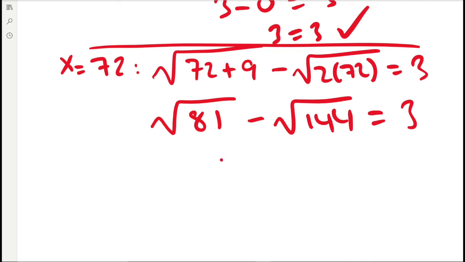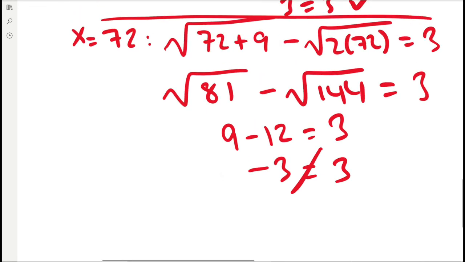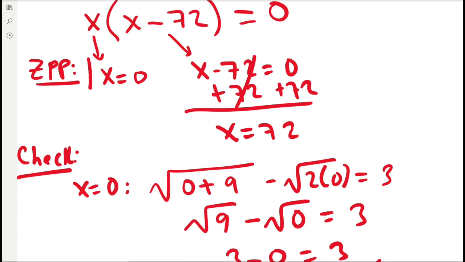The square root of 81 is 9. The square root of 144 is 12. So 9 minus 12 is negative 3, which is not equal to 3. So this is actually not a solution. This is extraneous. So our only solution is x equals 0.